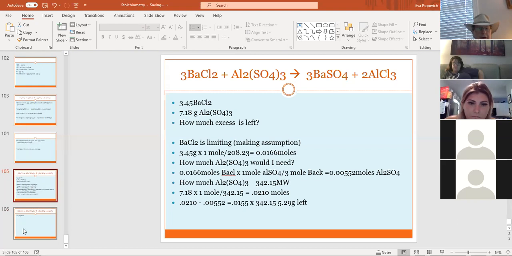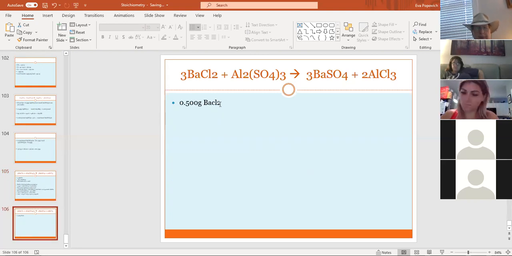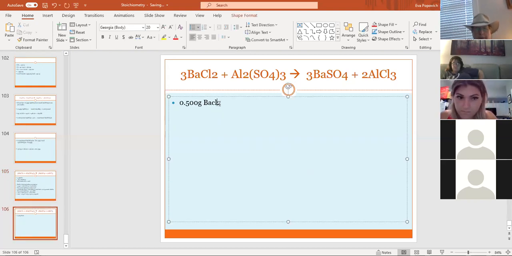We're going to make the same assumption, that the barium chloride is the limiting reagent.